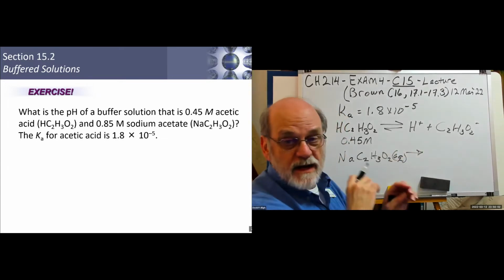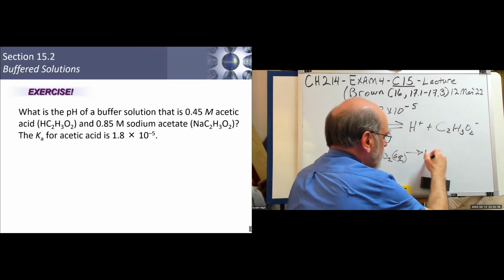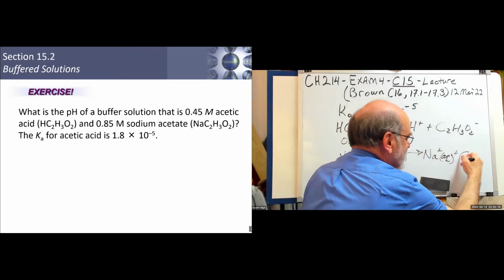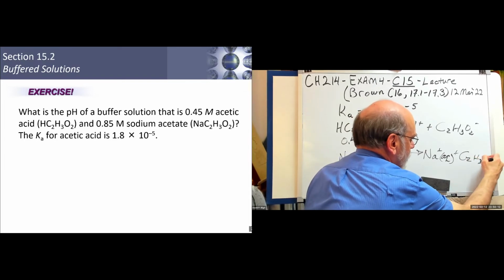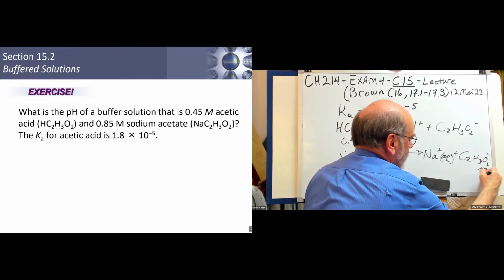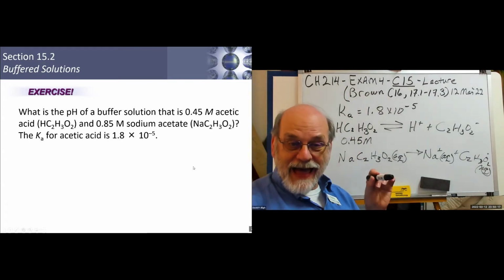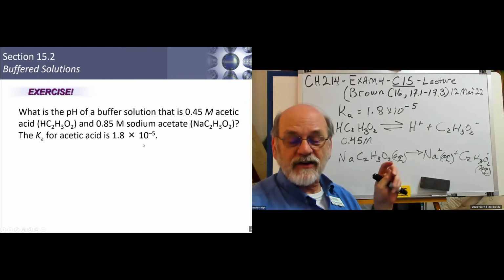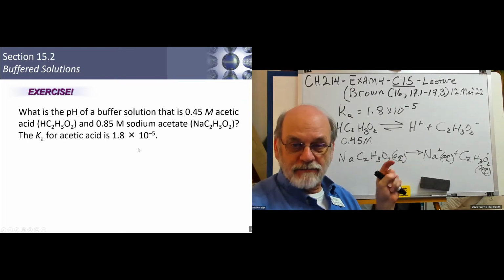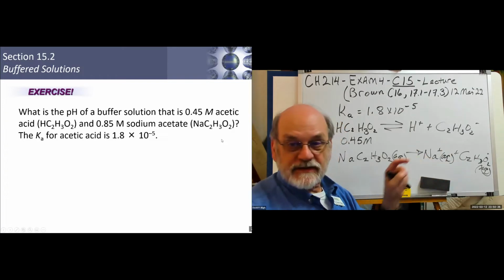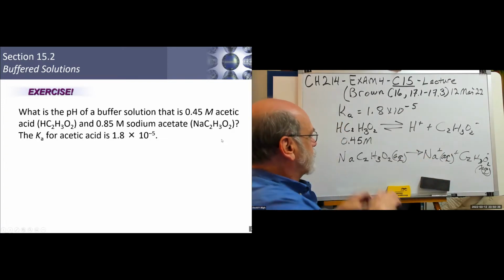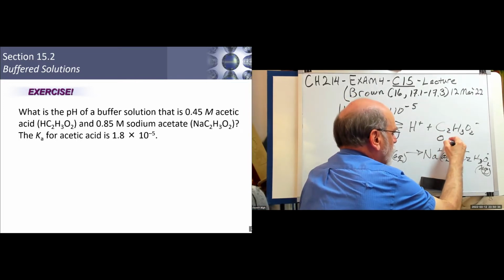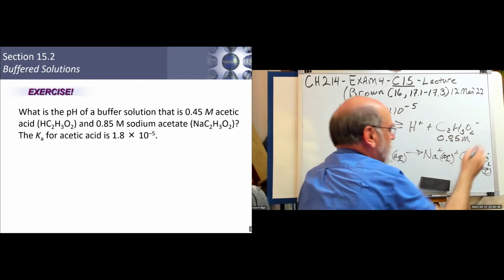Sodium acetate completely dissociates into sodium ions and acetate ions. So by adding 0.85 molar sodium acetate to this mixture, we are actually adding 0.85 molar acetate ions. So you got this, and you got 0.85 molar acetate.